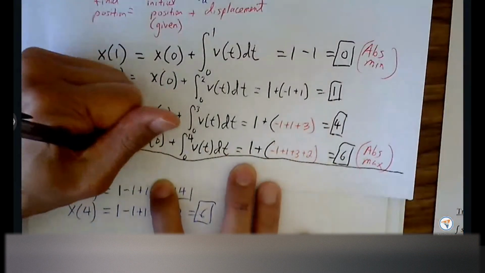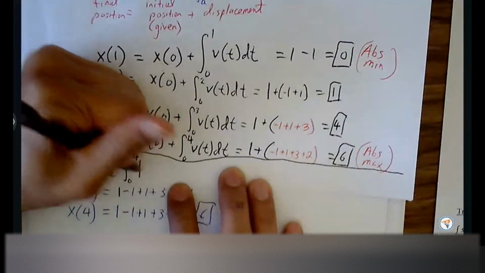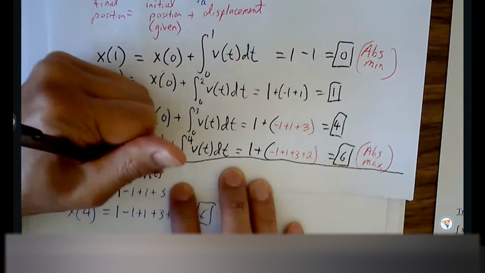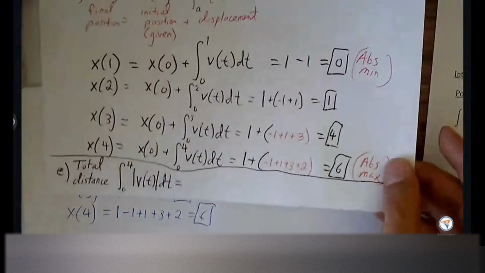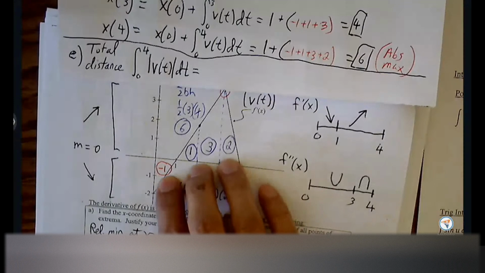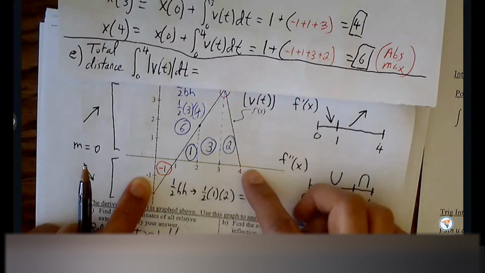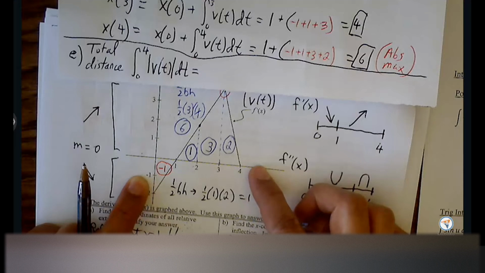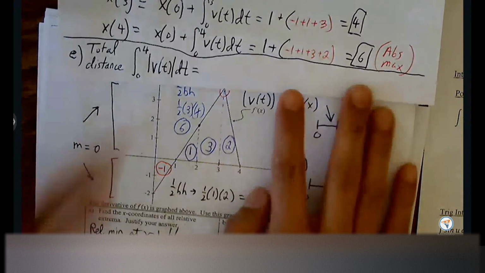So total distance, I'm going to say integral from 0 to 4, those are the 2 time values they gave us, absolute value of v of t. And we talked about how total distance, we're just adding all the values inside our region, treating everything as positive. So what's the total distance that this object is going to travel between 0 and 4? 7. Yep, 1 plus 1 plus 3 plus 2, 7.